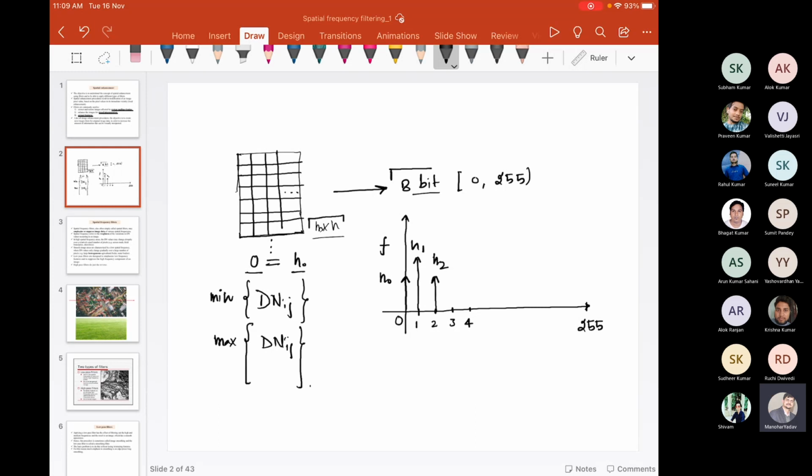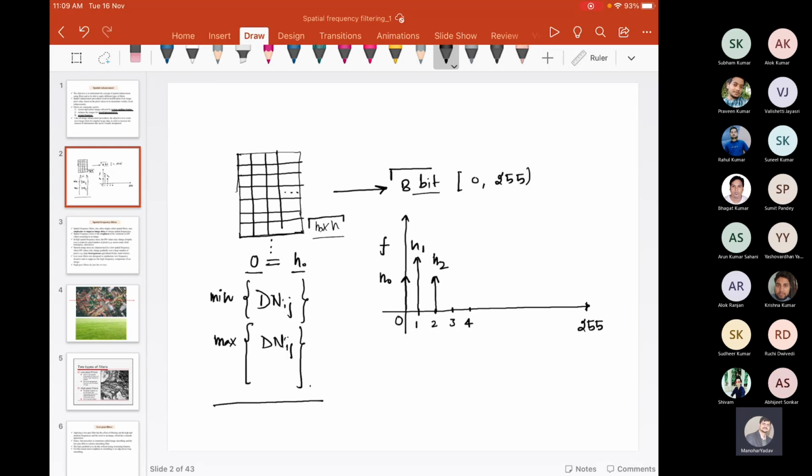Once we get the min and max of the digital numbers, we see the clear picture of how many DN numbers are unutilized. The unutilized DN numbers will be, once you plot it, 0 to DN min.